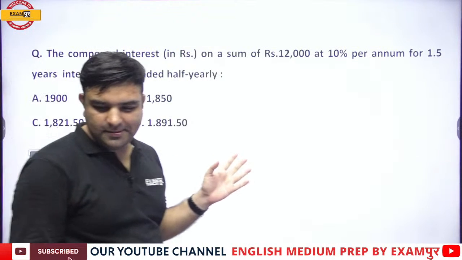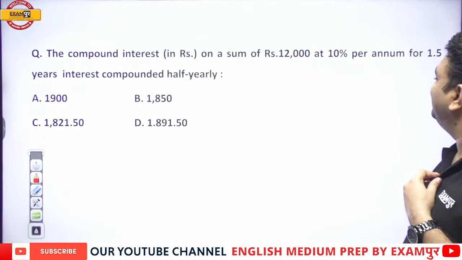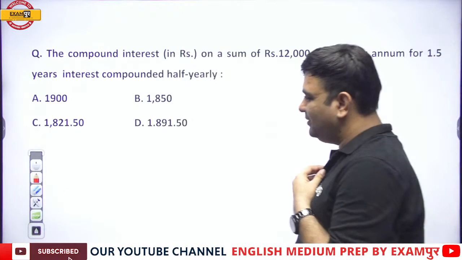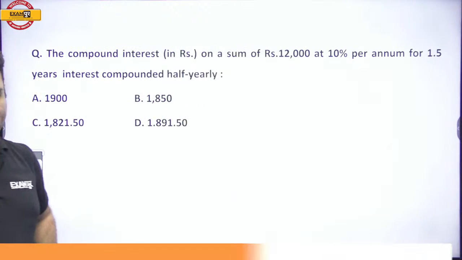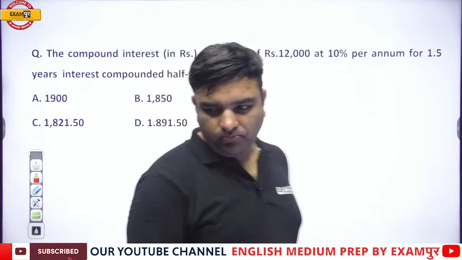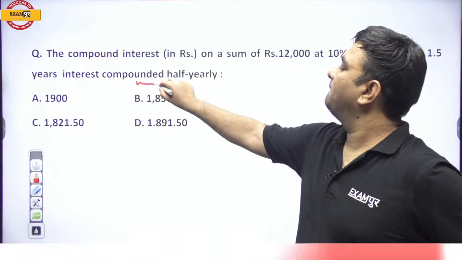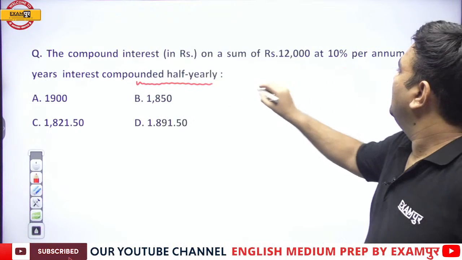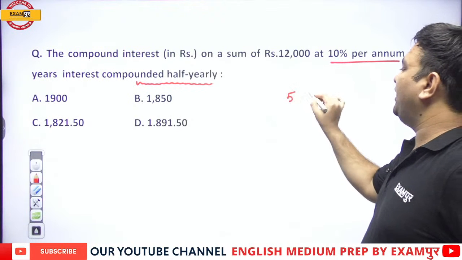Oh, what is this? Compounded half yearly. 10% per annum rate, so 5% per half yearly.